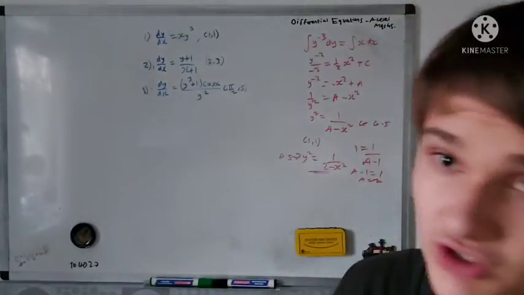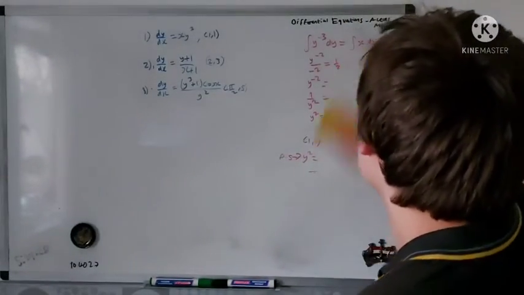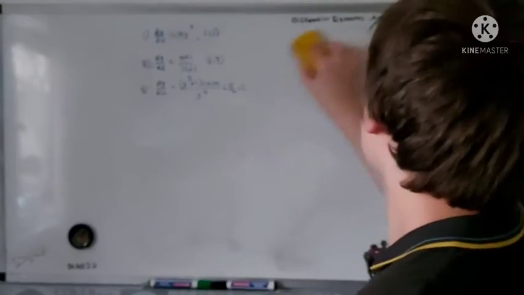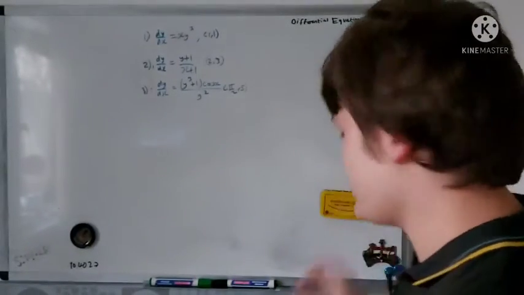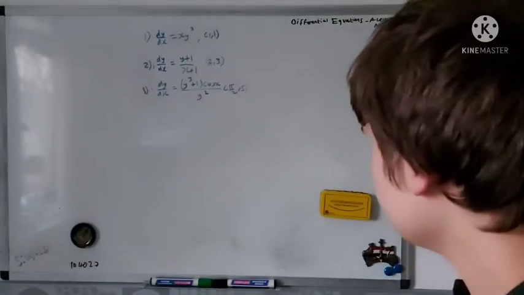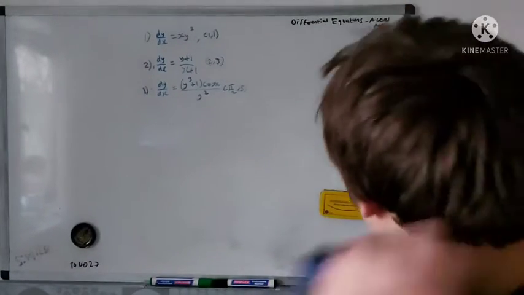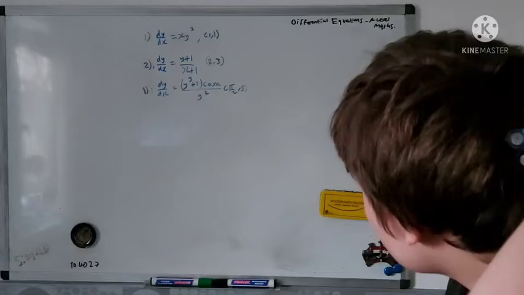Question 2 is harder in difficulty. Okay, have a look at number 2 then. So dy by dx is y plus 1 over x plus 1.